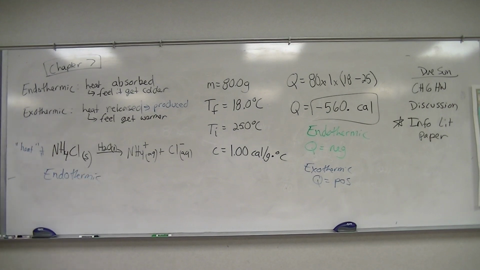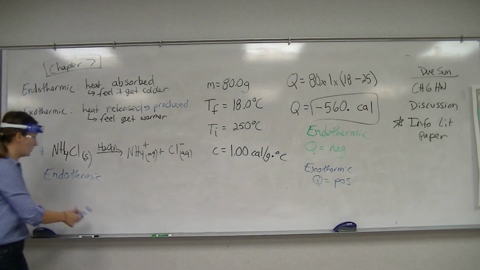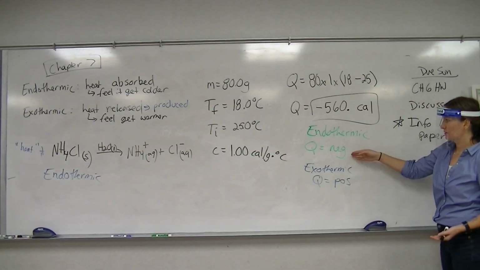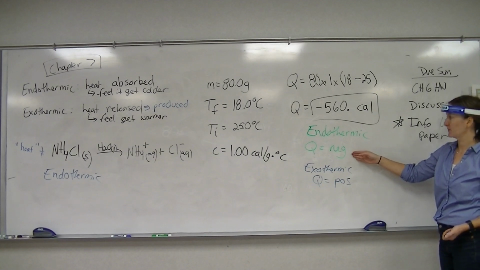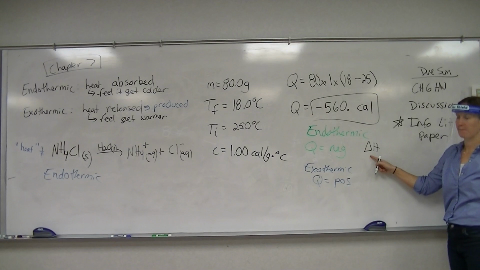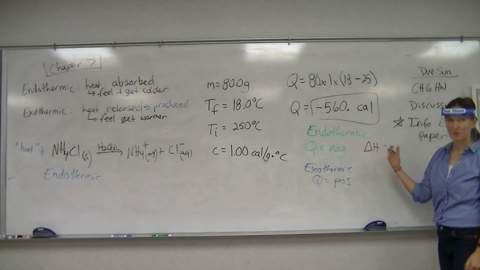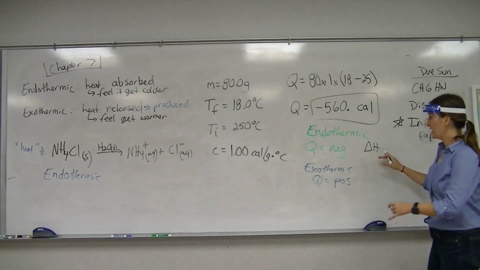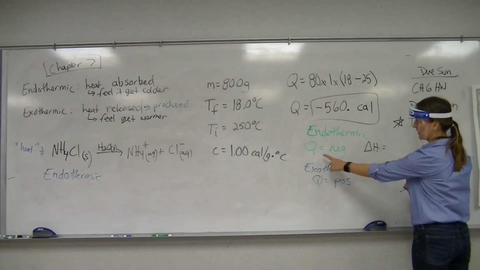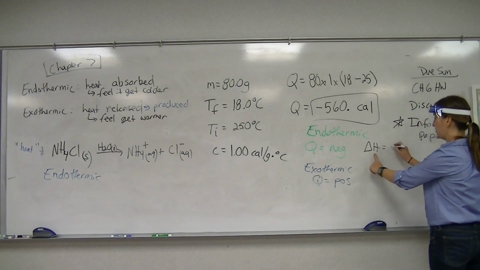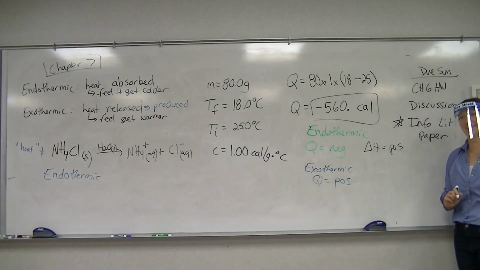Let me also add, so we talked about Q values, endothermic, it's when the Q value is negative. Well, we talked about a minute ago that delta H, the enthalpy. So this is why I don't like to remember the negative positive, but I like to look at the temperatures and figure it out, because it gets confusing: the Q value is negative, it's endothermic, but if the enthalpy is positive, it's endothermic.